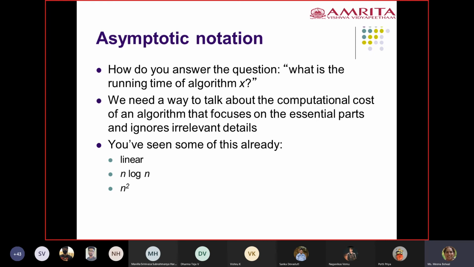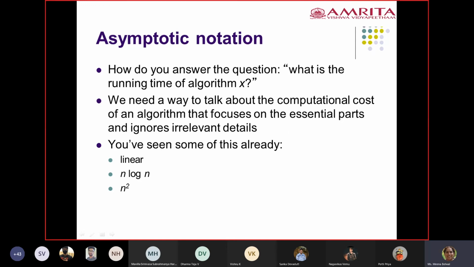If I try to improve the portion which is executed a very small number of times, it won't give me the results I expect from the changes I have made. So we need a way to talk about the computational cost of an algorithm that focuses on the essential parts and ignores the irrelevant details.